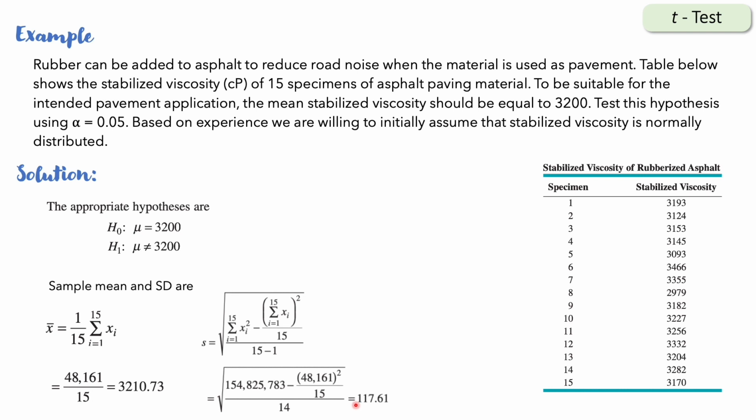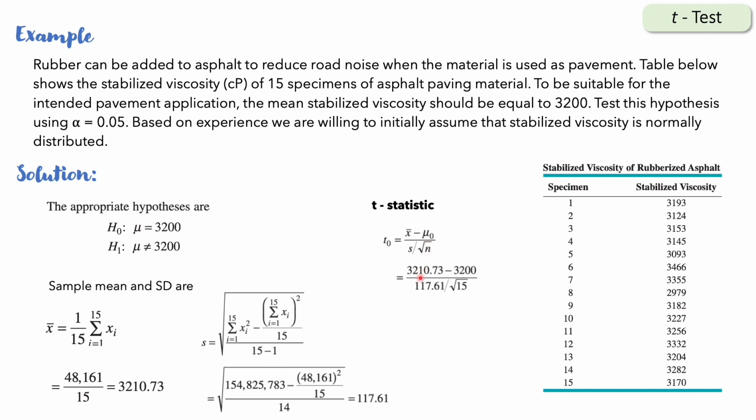Okay, now let's compute the t statistic from this data. So we know that the t statistic is equal to x bar, or sample mean, minus mu naught. Mu naught is the mean of the probability distribution, divided by s, which is the sample standard deviation, divided by the square root of n, or the square root of the sample size.